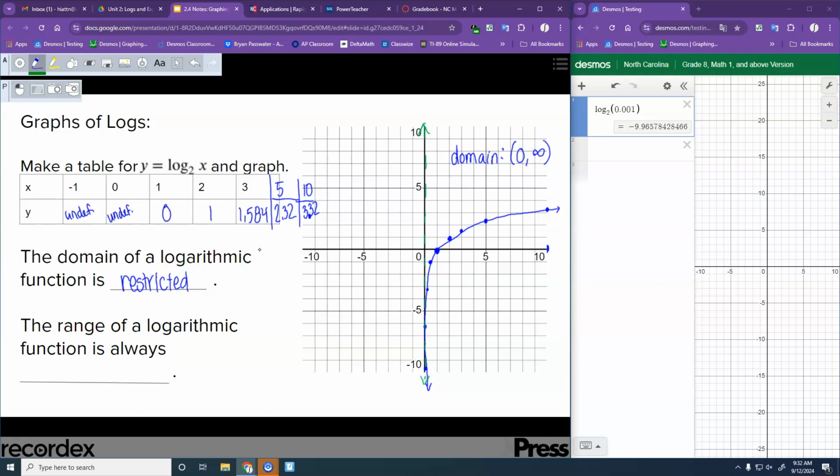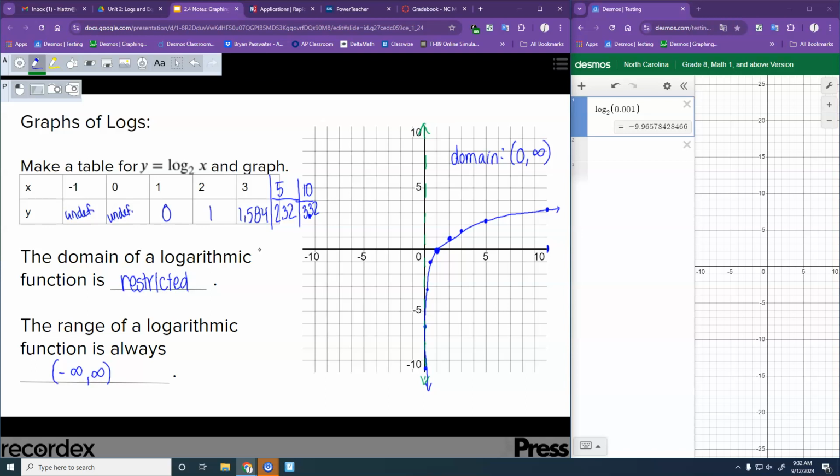Now, the range of a log function is always negative infinity to positive infinity. Think about this. Logs and exponentials are inverses, right? So what do we do when we find an inverse? We switch our x's and y's, right?